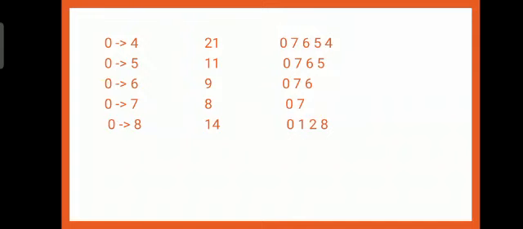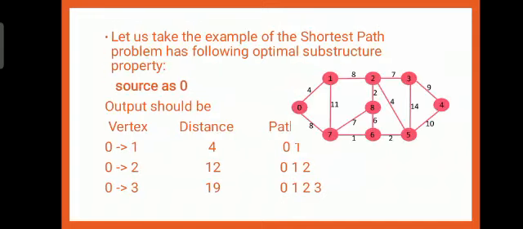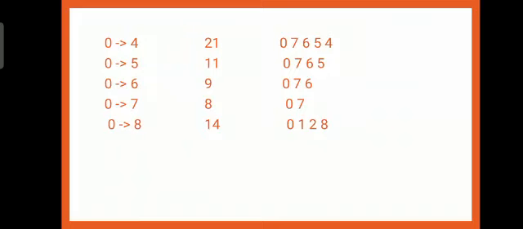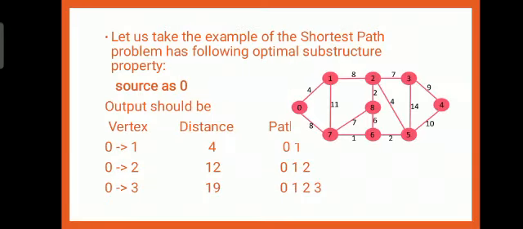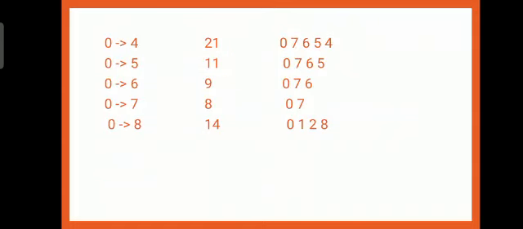Now we have to see the path from 0 to 5. The path can be in different ways, but we have considered 0 to 7, 7 to 6 and 6 to 5. Now adding the distances, that is 8 plus 1 plus 2, becomes 11.